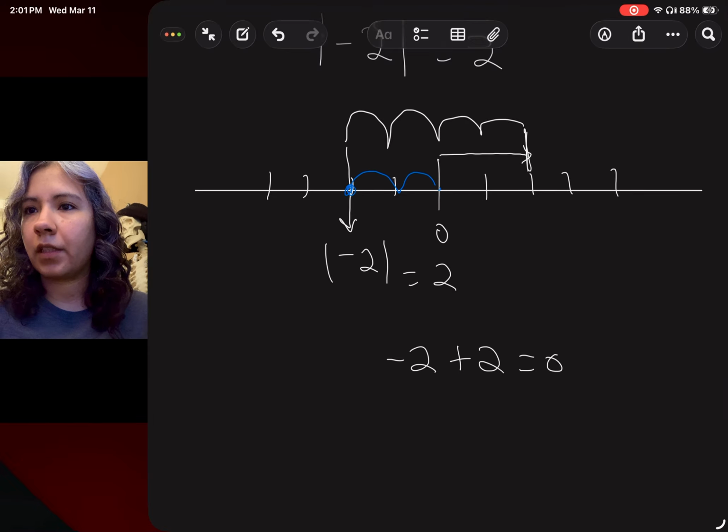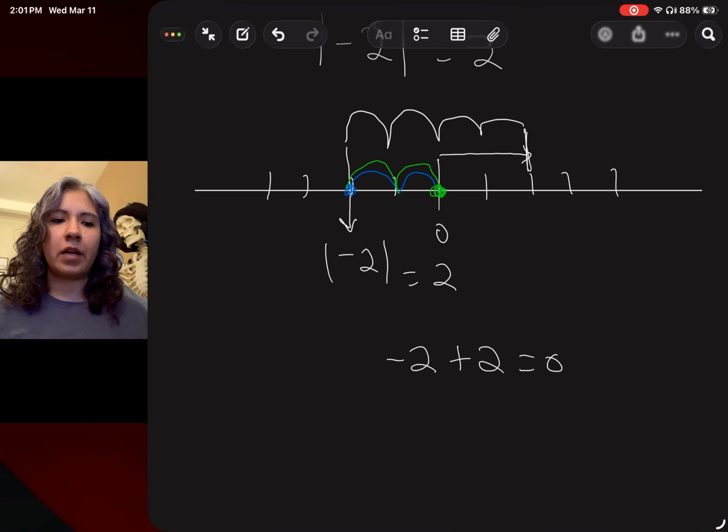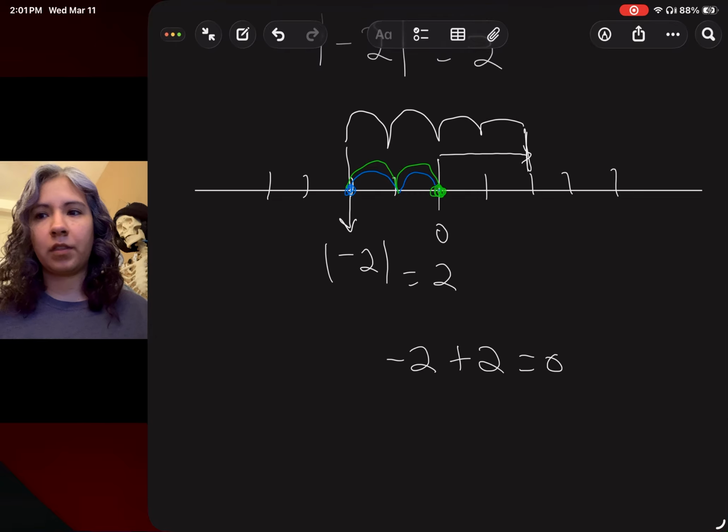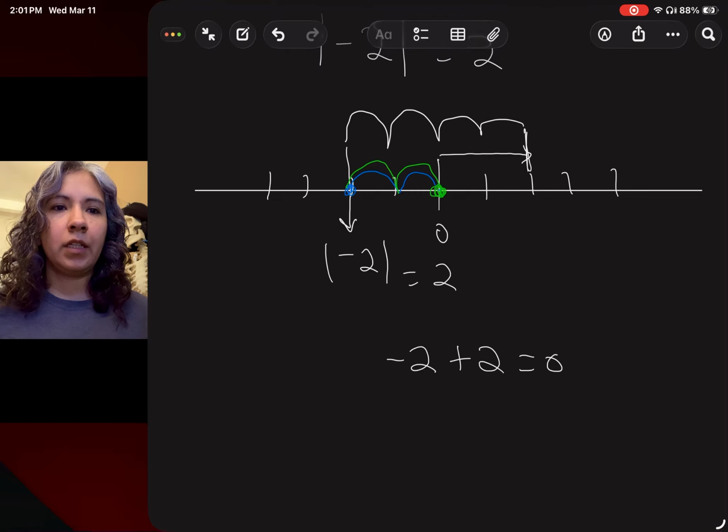You're here at the -2, but then you add those two back in the positive direction because it's the directed positive number. You are at 0. So that will always be the case if you're summing opposite signs.